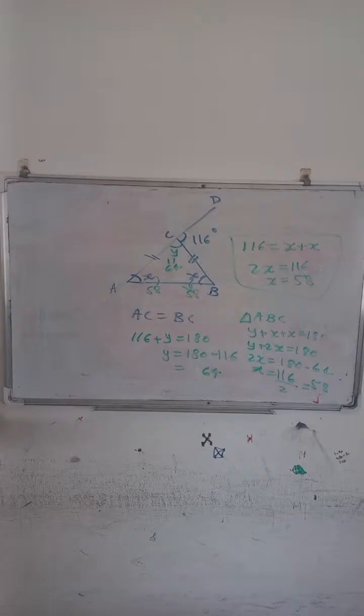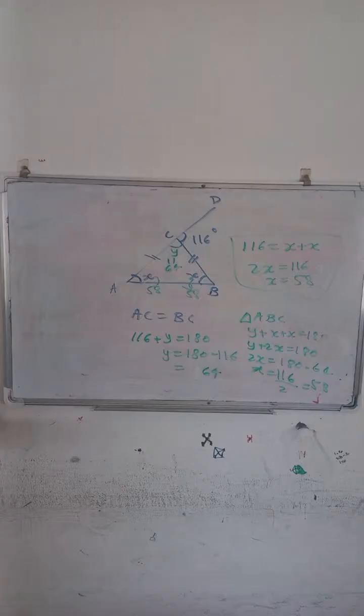And the last option, none of these. I'll repeat this question: which of the following cannot be the sides of a right triangle? A: 2, 2, 4; B: 5, 12, 13; C: 6, 8, 10; and D: none of these.